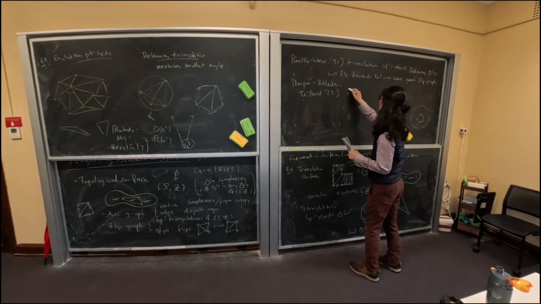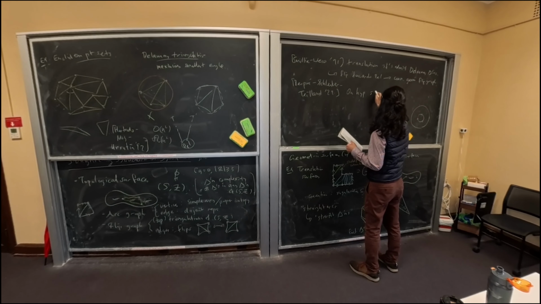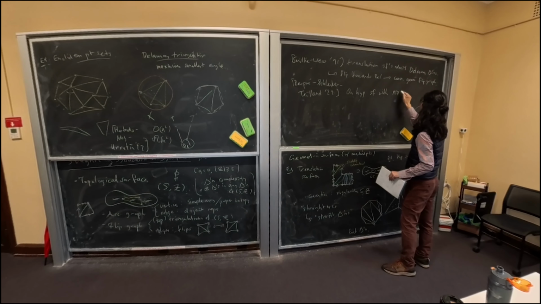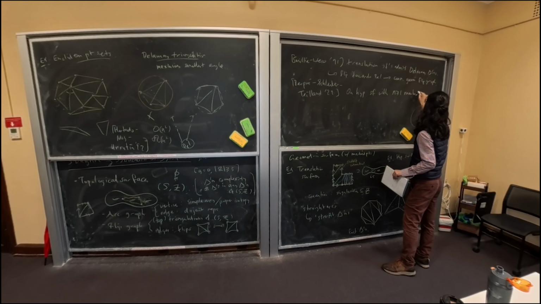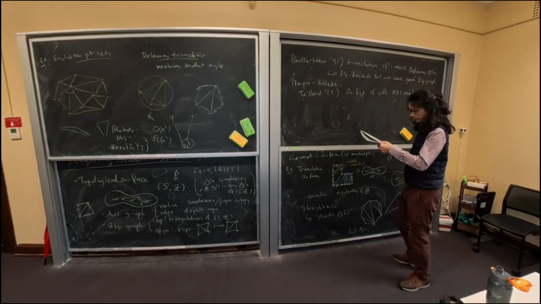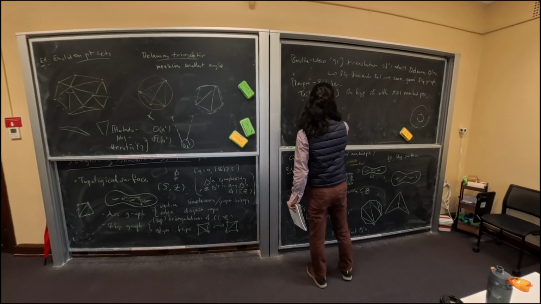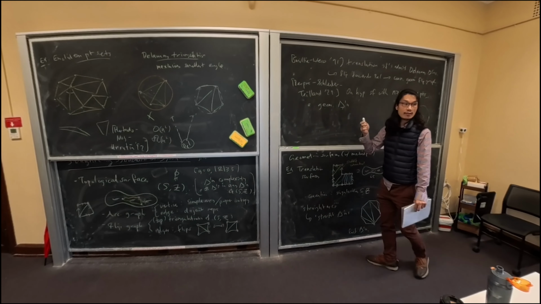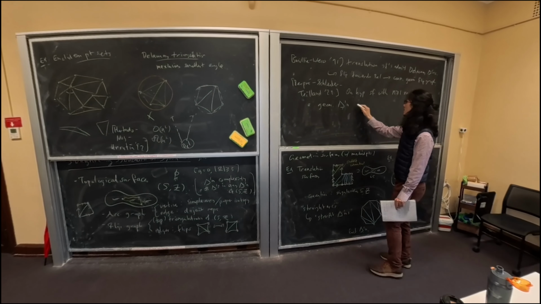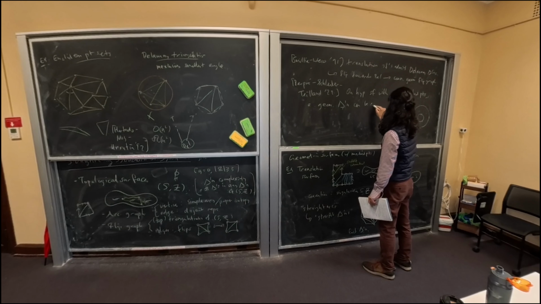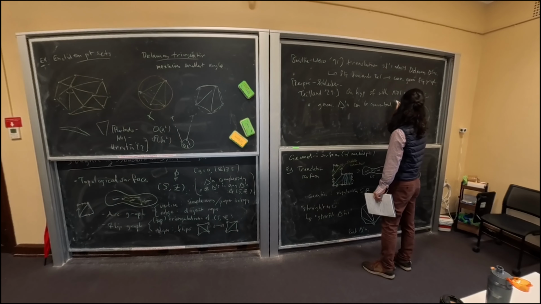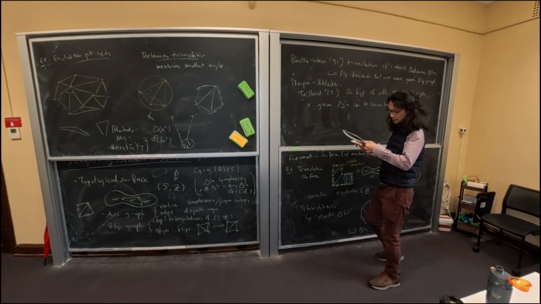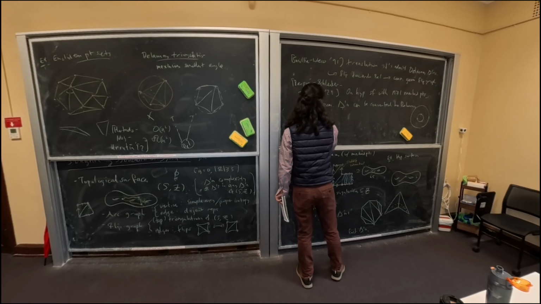Okay, so on a hyperbolic surface with n marked points, a geometric triangulation, so one made up of hyperbolic edge segments, can be converted to Delaunay using a number of flips.